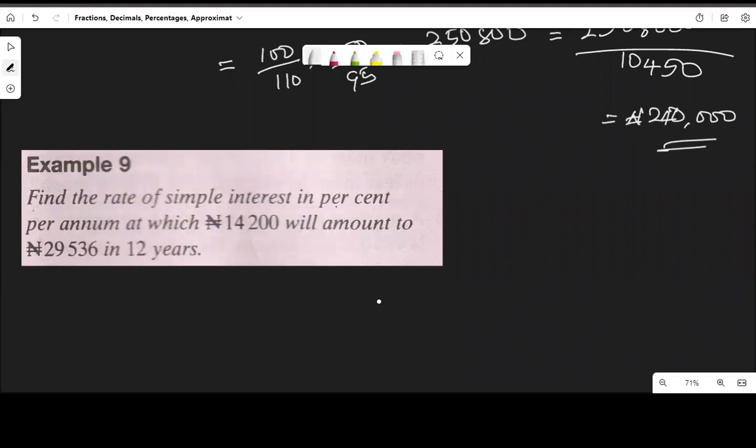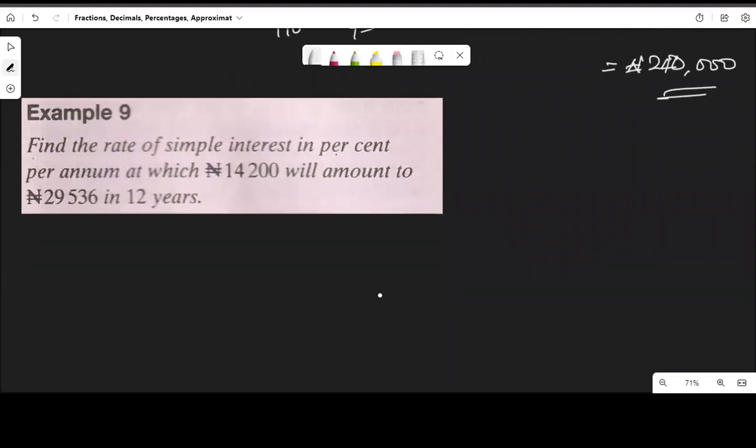Now 9 says find the rate of simple interest in percent per annum at which 14,200 will amount to 29,536 in 12 years. There are two ways to do this. First of all, we need to get the interest.